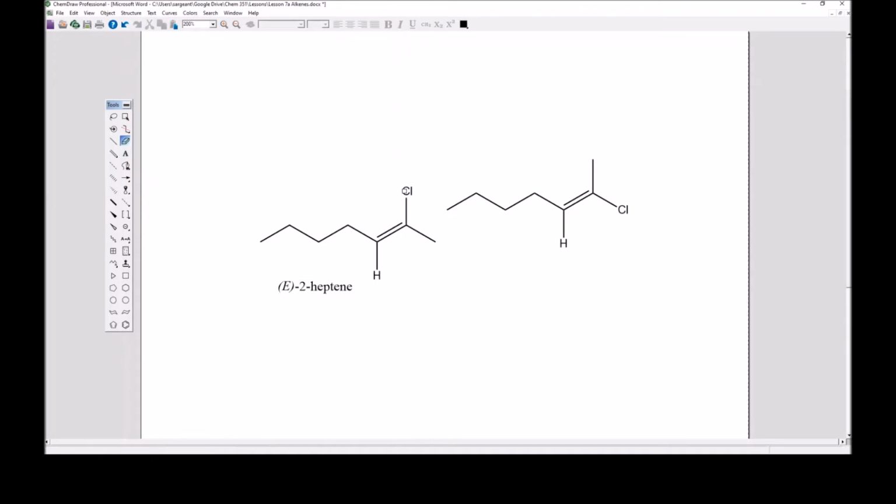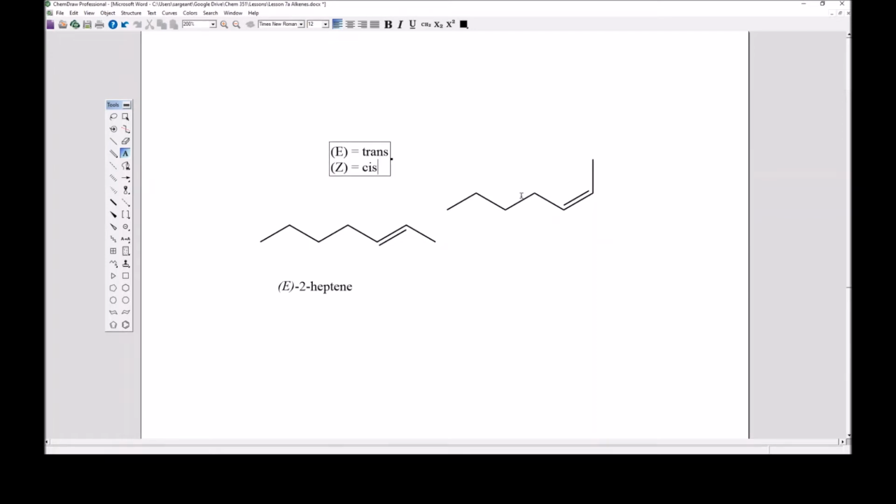So I'm going to go back to this original compound right here. Now we're looking at the more meaningful examples. The simple example of this is E-2-heptene, and E is equivalent to trans, and Z is equivalent to cis.